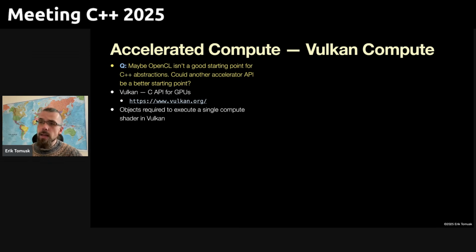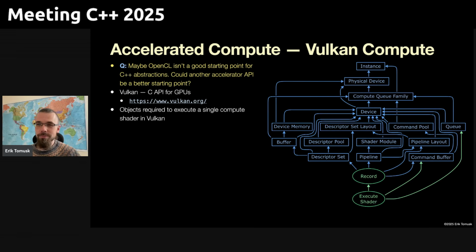What I did is I put together the same graph that I showed you for OpenCL, but this time with Vulkan, looking at which Vulkan objects I need to execute a single compute shader. And this is the graph. So you can see that instead of being a bad starting point, OpenCL might actually be a really good starting point.